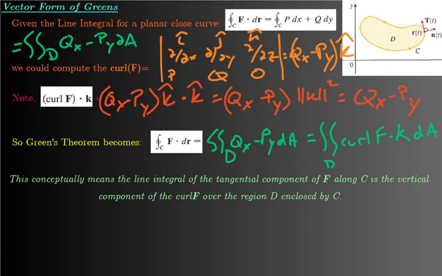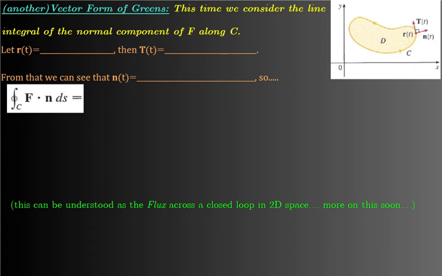So what I'm going to do now is something very similar, but I'm going to look at it in terms of the normal component, okay? You can do the same kind of arguments, but you're going to see that something else pops up nicely out of this. All right, so r of t, it's a planar curve, so we have x of t, y of t, right?